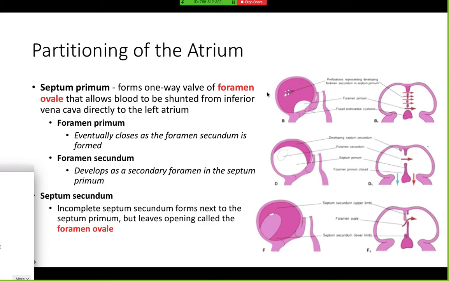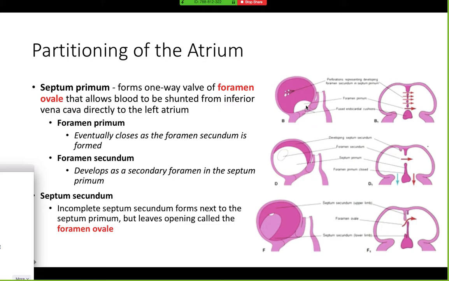Okay, so over here, you have the septum primum. So this starts to grow down from the atrial roof, and then the foramen secundum, right here, begins to form as the septum primum grows down to the endocardial cushions.